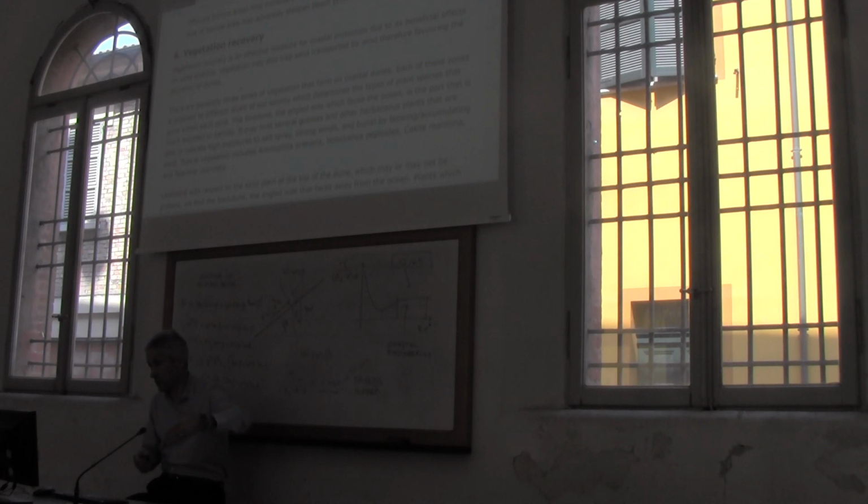You have zones where you have more fresh water, the low zones, which are sometimes also those that are more exposed. You have the upper part of the dune, where there is less storage of water. So you have to clearly identify, possibly with an interdisciplinary approach, what are the zones in which different types of vegetation may develop.